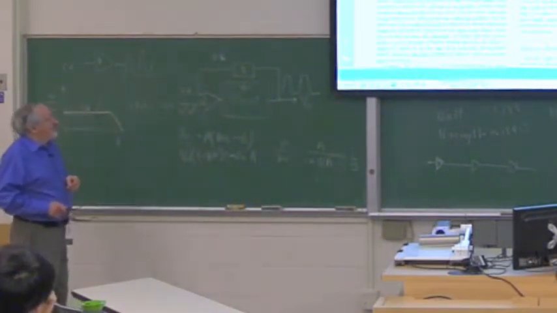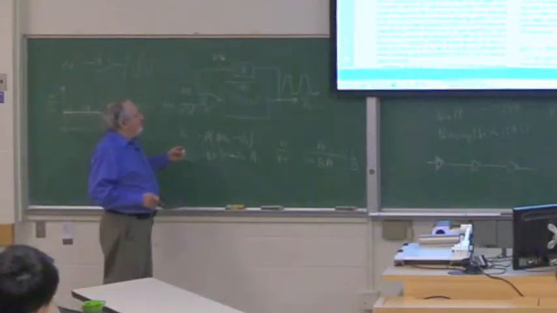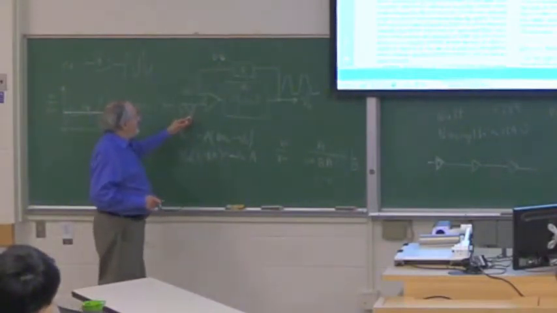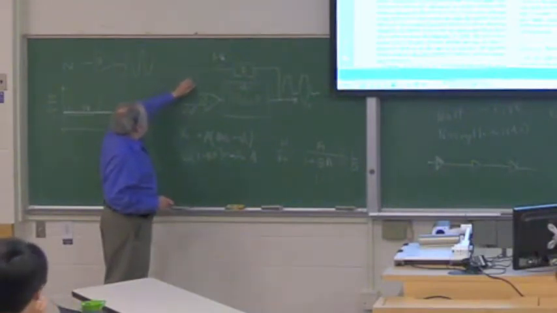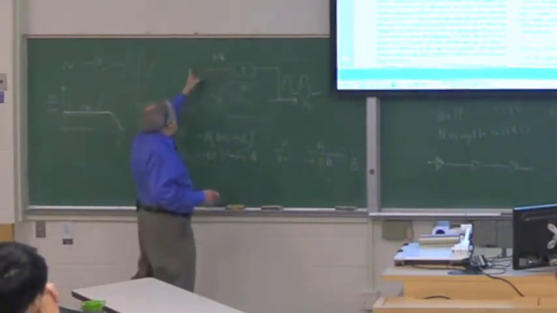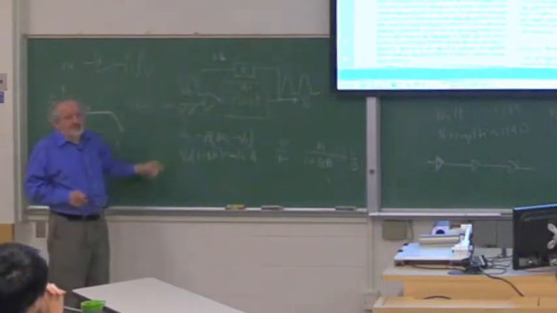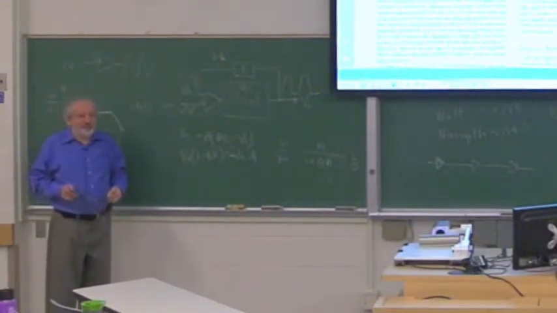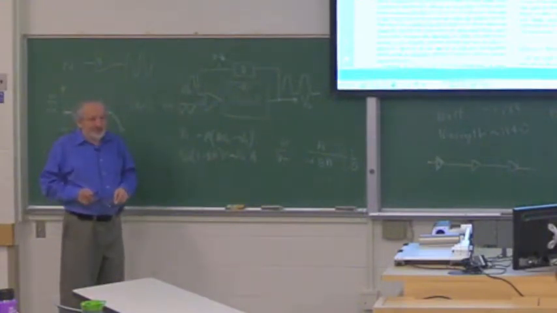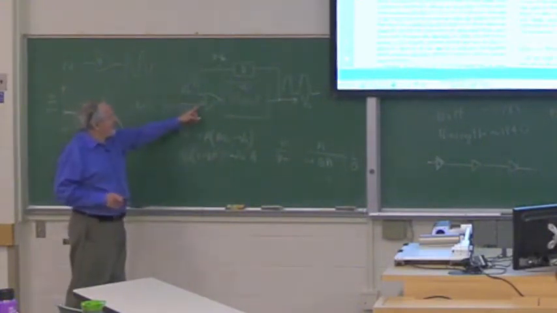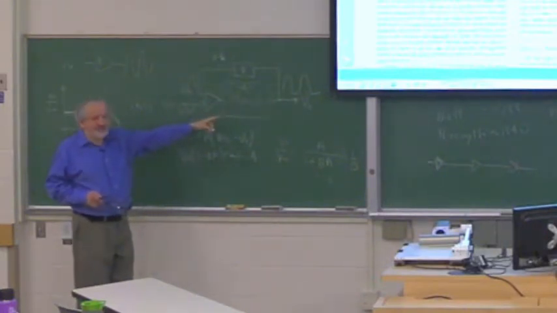So if you do that, what will the system see? It will see here a, say, smaller version of the output, because it samples the output. We'll compare it to the input. So what will it do? It will try to force the output to look like the input. Because the system takes the difference between these and tries to cancel out the difference.